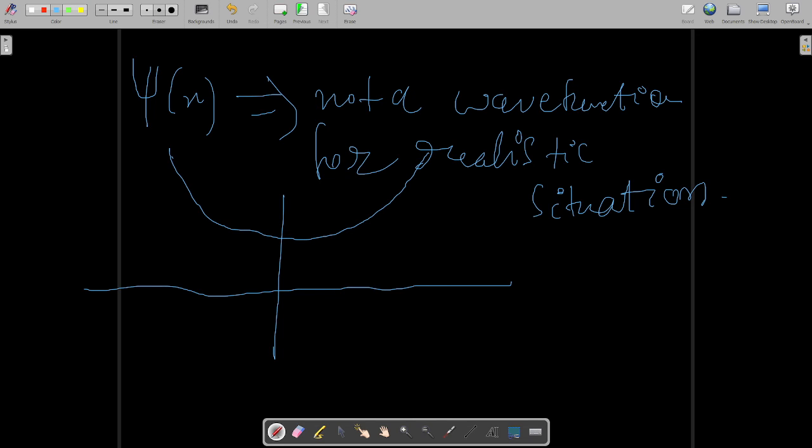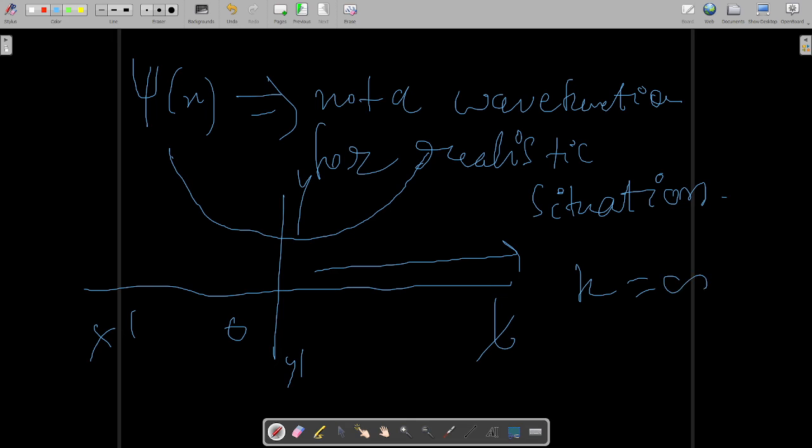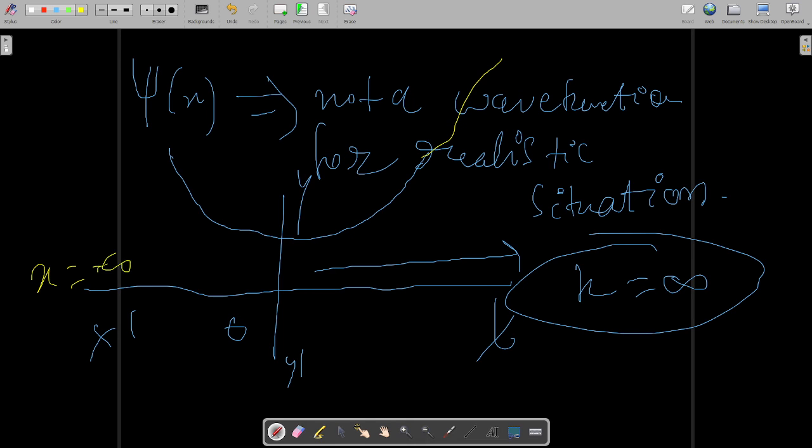Why will its graph look something like this? Because when you go over here up to x equal to infinity, it will be this kind of curve, which will go higher. And if you go x equal to minus infinity this side, this curve will be like this. So y, which is equal to psi of x, is also tending to infinity.